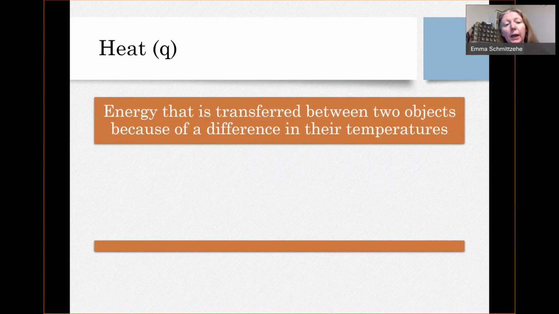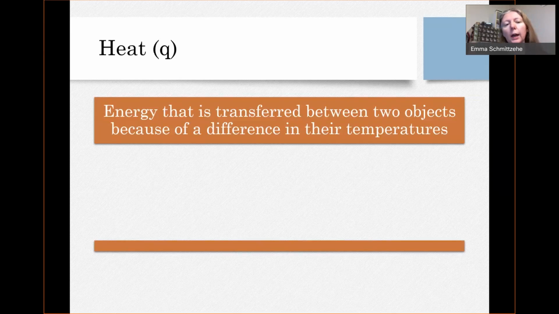You can actually have heat transferred when there's a phase transition for a substance, and in that case, there isn't actually a temperature difference. Also, you can have heat transferred when a chemical reaction occurs. A reaction doesn't occur because there's a temperature difference between, say, the reactants, but it can cause a temperature change in the surroundings.